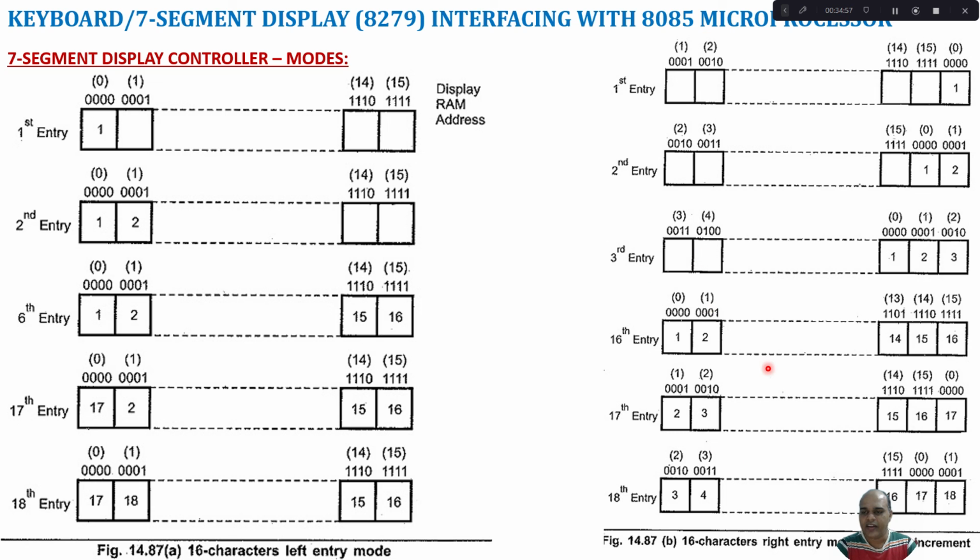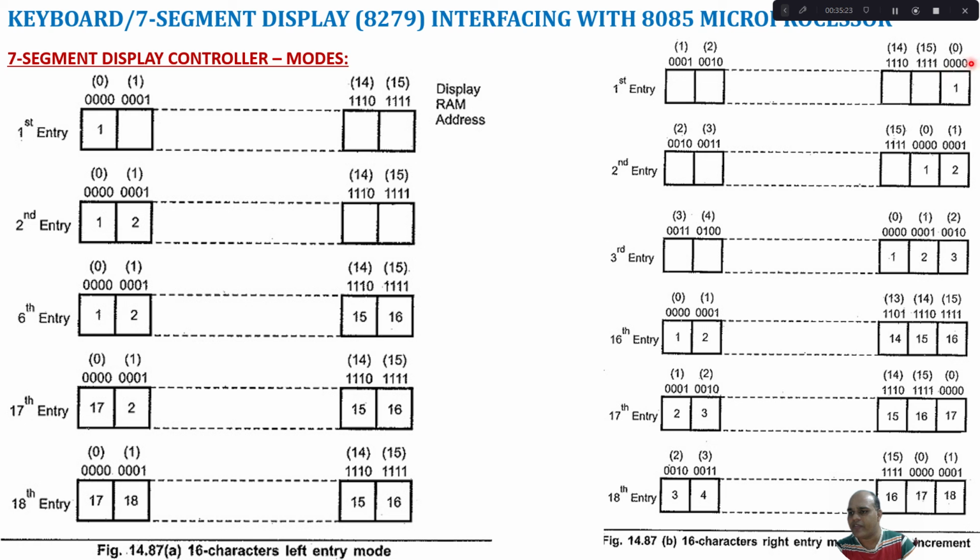Whereas in right entry, it will change. For better understanding, let us take this side. So the 16th segment gets data from 0000. When the second data is entered, now the 16th segment will get the data from 0001.